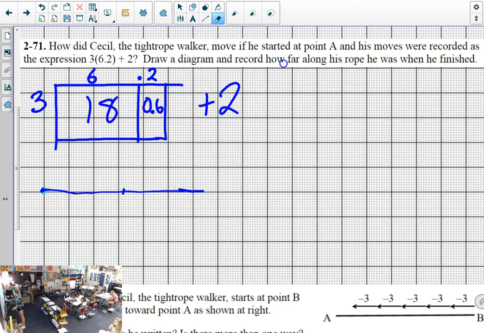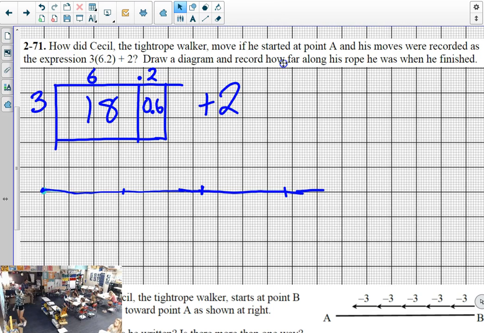The 3 times 6.2 tells me I'm going to draw 3 moves that are the same size, right? Especially if you were being asked to do this for like a state test or something. You'd want those 3 moves that you do first to look the same size. So up on my screen, we made them just over 3 boxes wide.